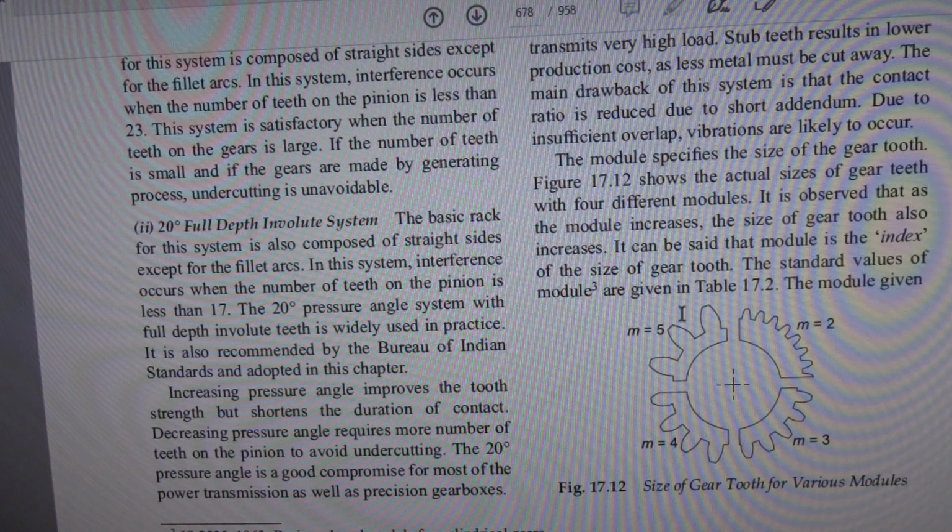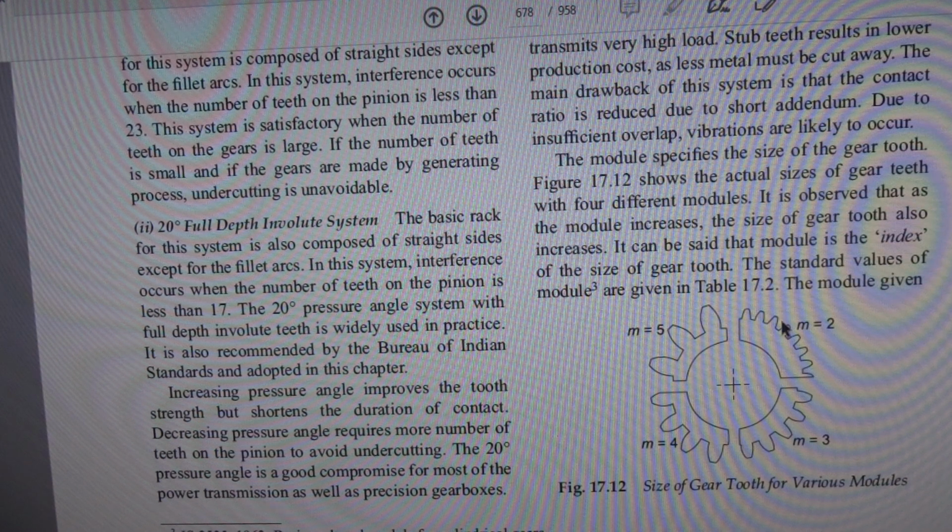Module is defined as pitch circle diameter divided by number of teeth, that is d dash by z. So in this case, the number of teeth is increased in comparison to this, so module decreases. In this case again module decreases because number of teeth is increased.